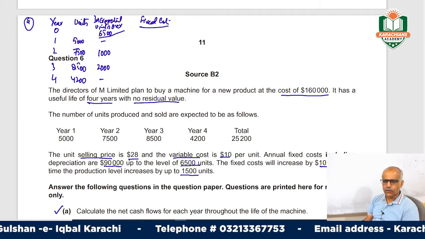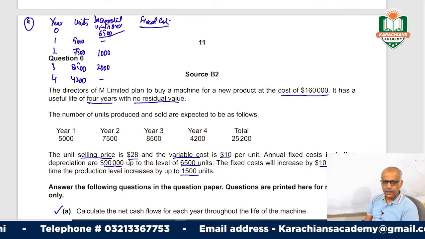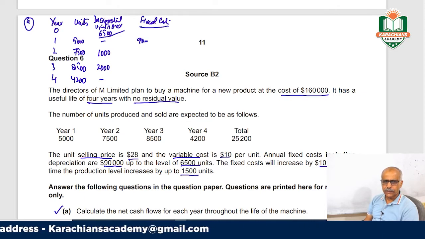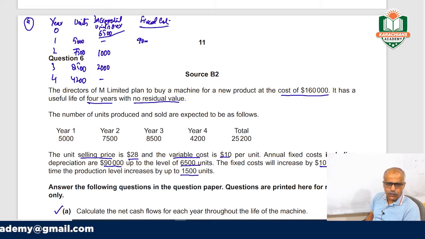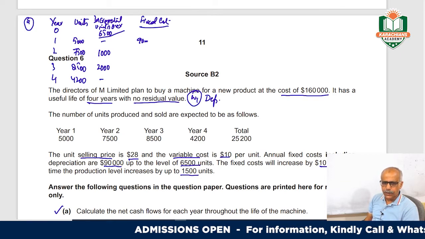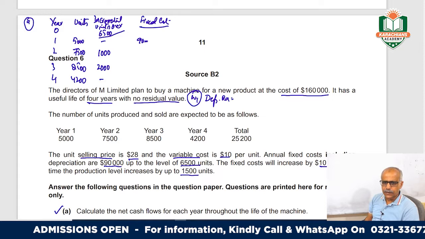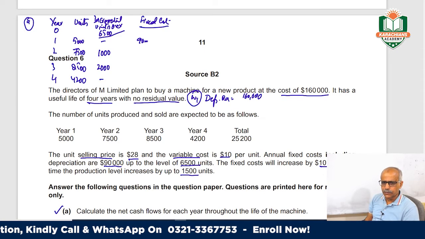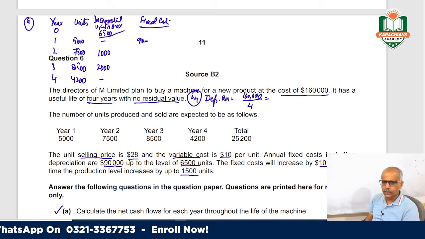The fixed cost is 90,000, minus depreciation, so we have to deduct depreciation. We can calculate depreciation here as working number 1. Depreciation per annum is equal to 160,000 depreciable cost over 4, which is 40,000.